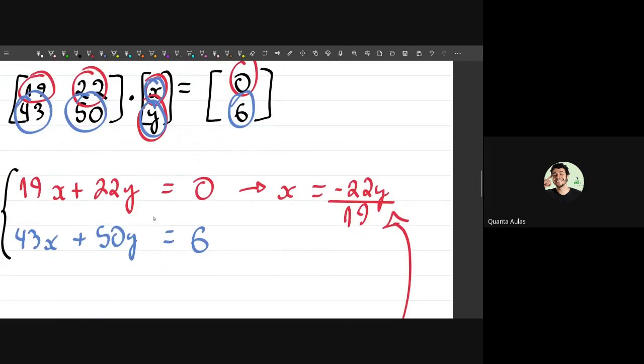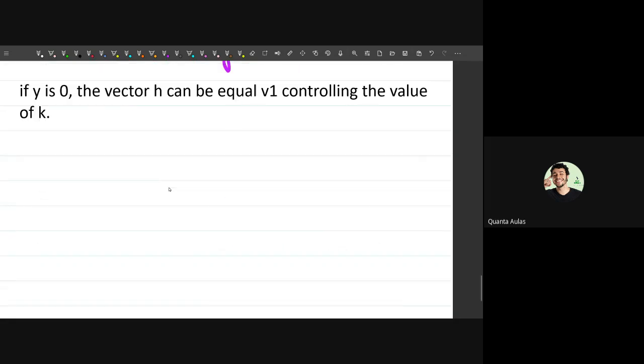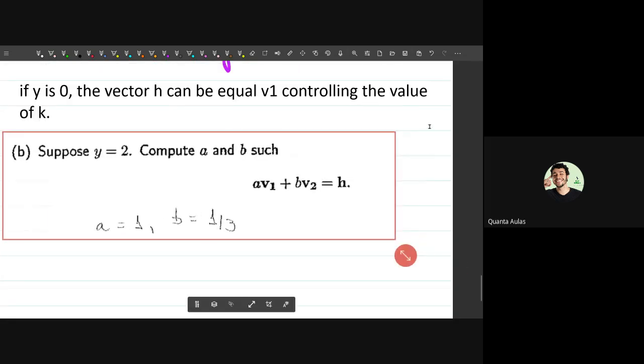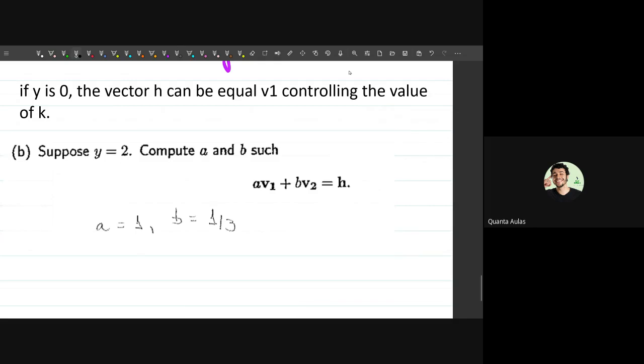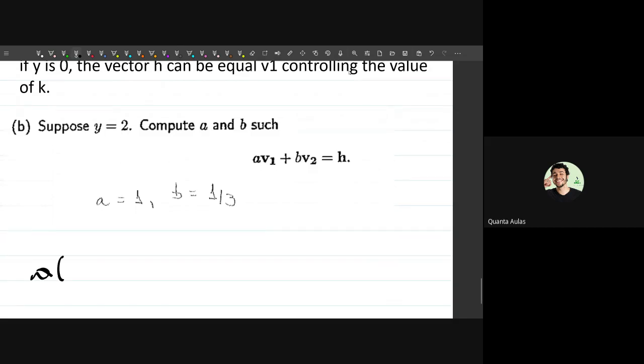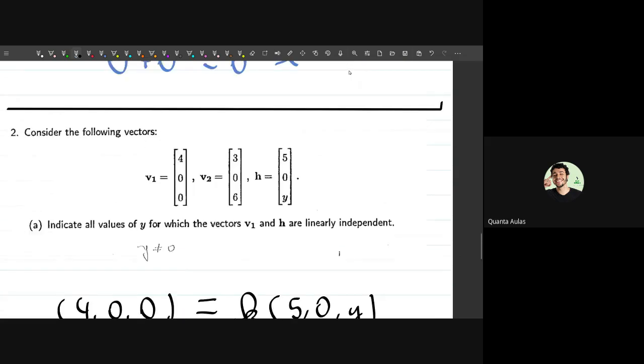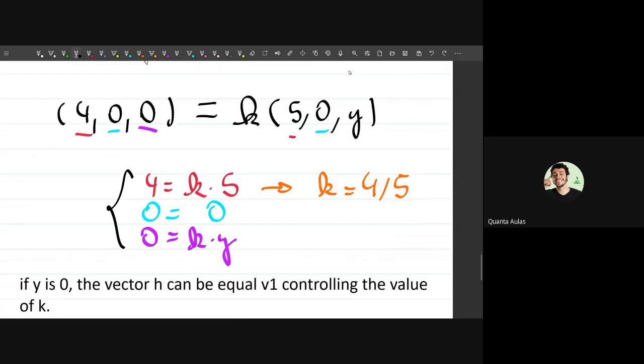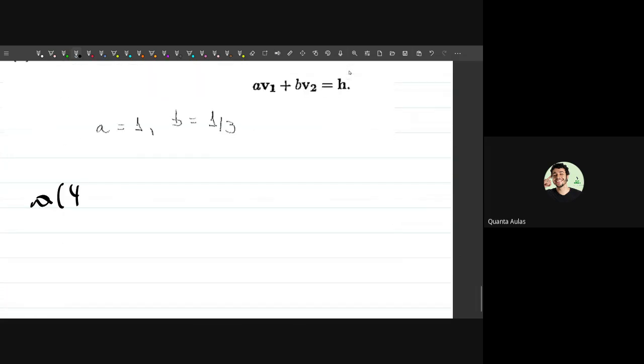We need to do a system like that in this question. So let's go. A times V1. V1 is this matrix. I prefer to write this horizontally because it's easier to work with.